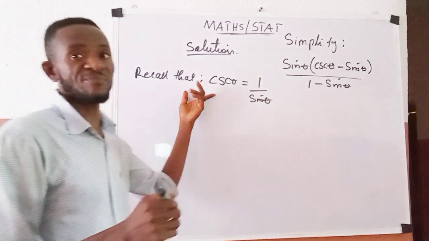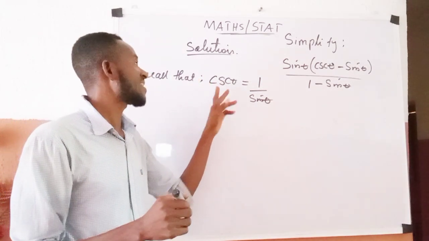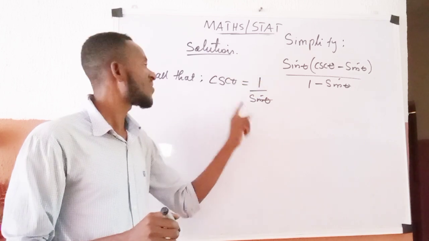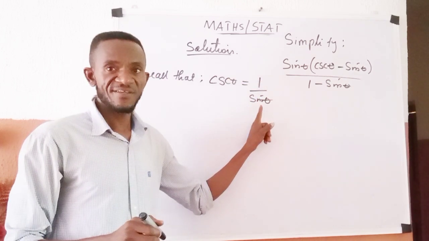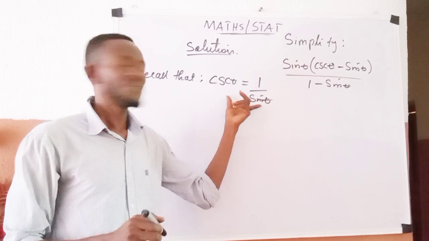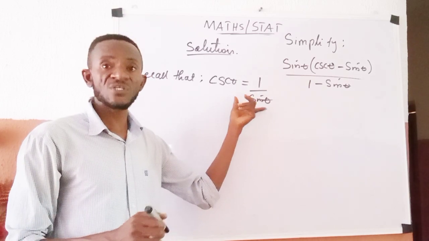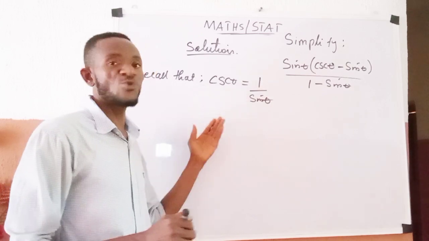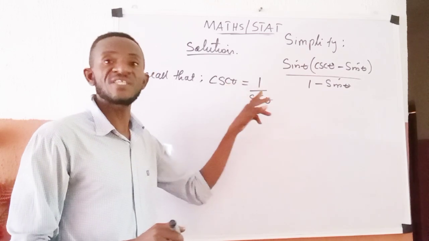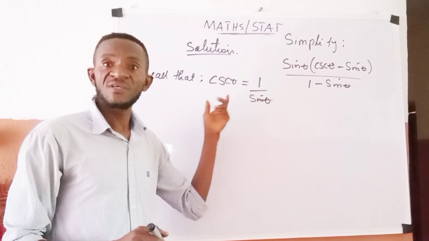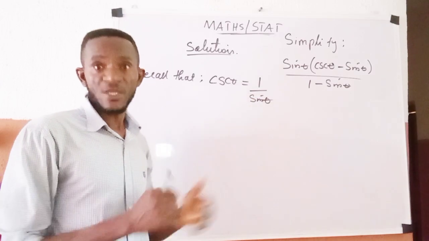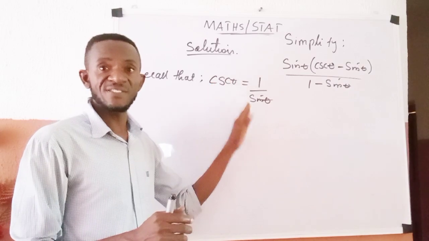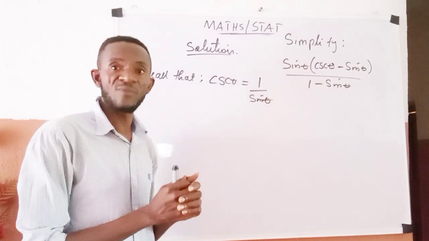Anywhere you see cosec, written as CSC of theta, it is equal to the reciprocal of sine theta. This is one of the identities we already proved in our last class. If you really want to know how this quantity is equal to this quantity, we encourage you to recall our last class. So if you agree with me that this is this, let us go now to this problem.